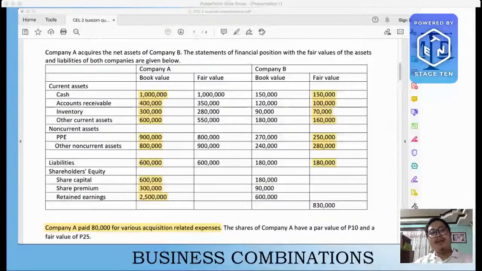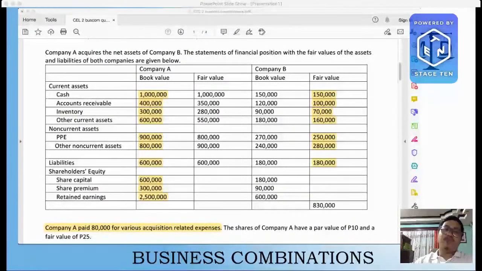And it is understandable that the table given in the problem will not have any line item for the resulting goodwill. Because again, the goodwill only arises from the business combination. So immediately before the combination, the books of the acquirer and the acquiree will not show the resulting goodwill.